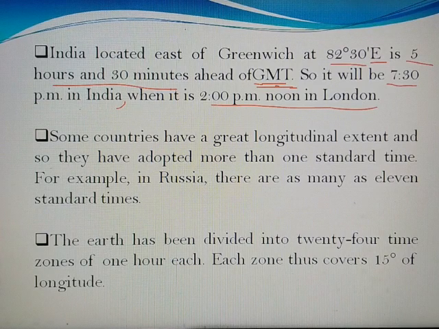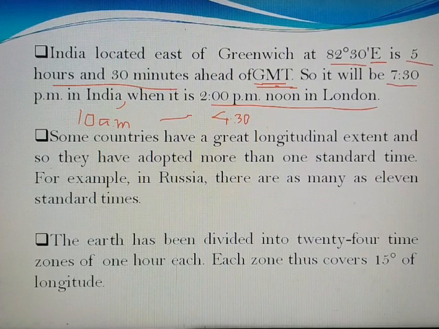So suppose in India it's 10 a.m., then in London it's going to be 4:30 a.m. This 5 hour and 30 minute difference is there between Greenwich Mean Time in London and Indian Standard Time at 82 degrees 30 minutes in India.